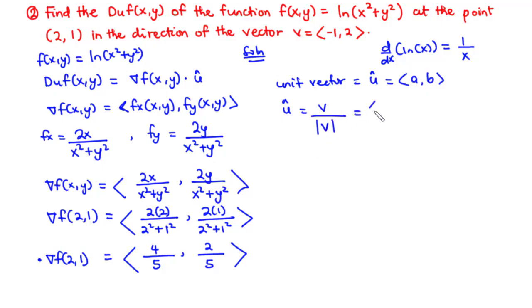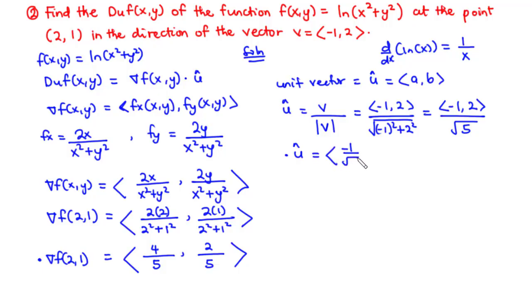So that is equal to (-1, 2) divided by the square root of -1 squared plus 2 squared. -1 squared is 1 plus 2 squared is 4. So 1 plus 4, that is 5. So we have this divided by the square root of 5. So finally we have u cap to be equal to -1 over square root of 5, comma, 2 over square root of 5.